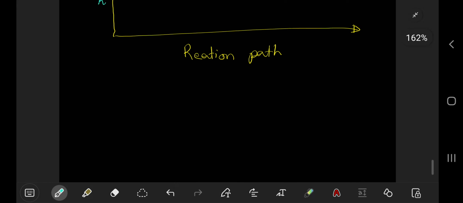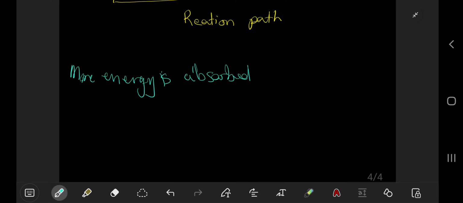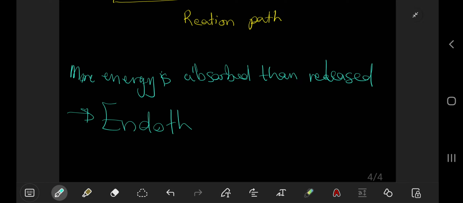So if more energy is absorbed than released, then we call that an endothermic reaction.